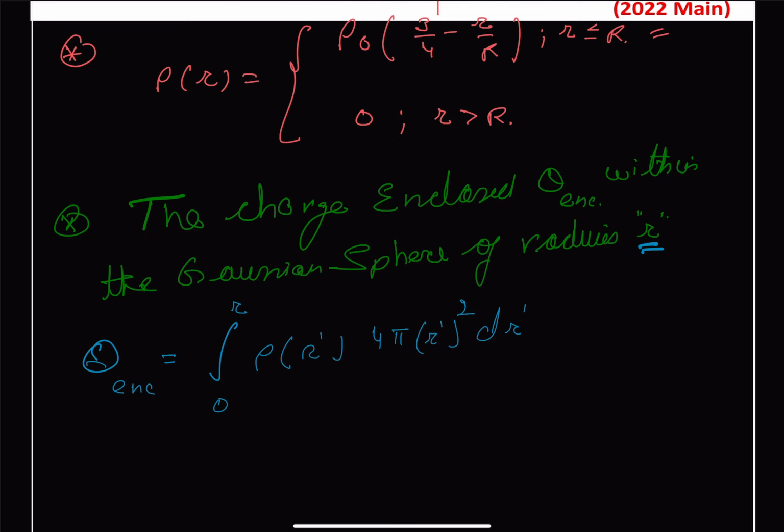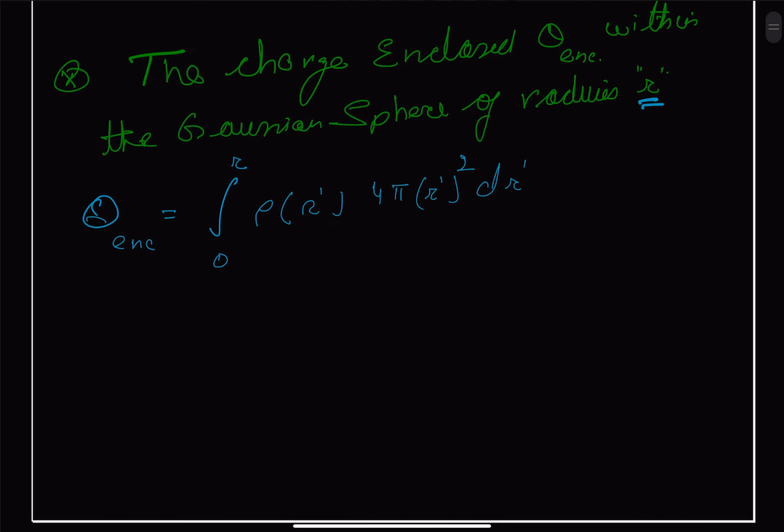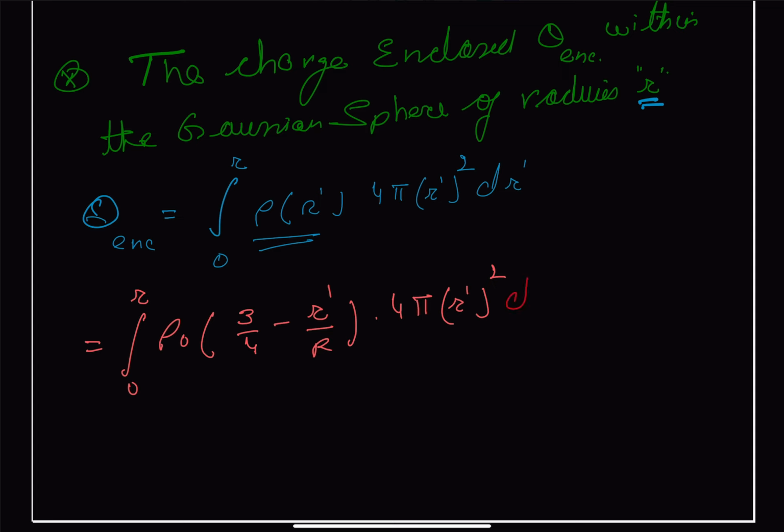So we can just substitute the value of our charge density. We get this as integration 0 to r of rho naught times 3 by 4 minus r prime upon R, multiplied by 4 pi r prime whole square dr prime.